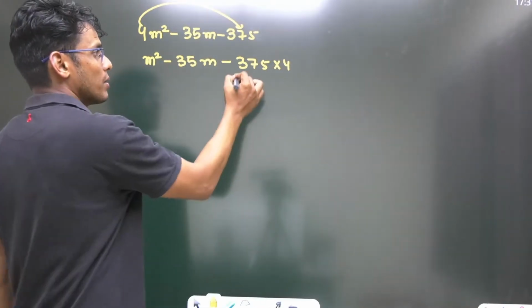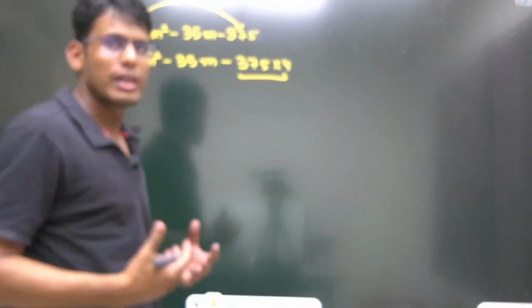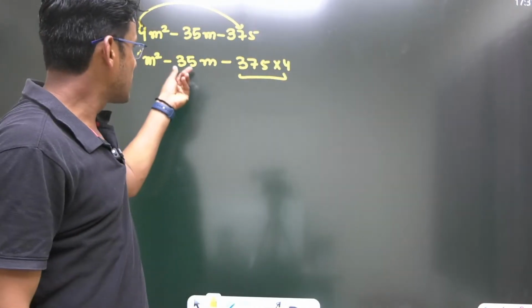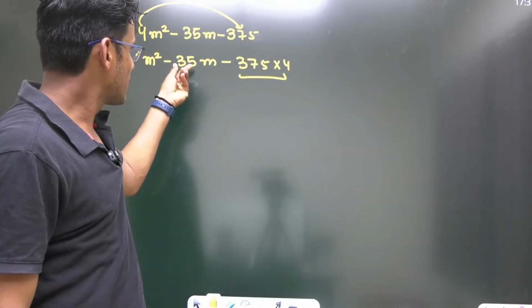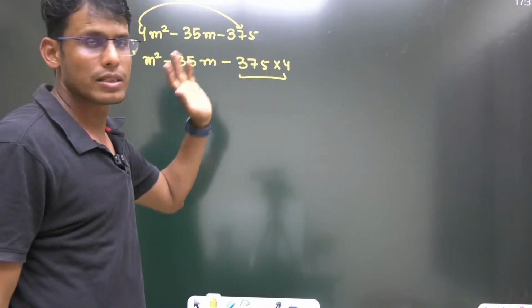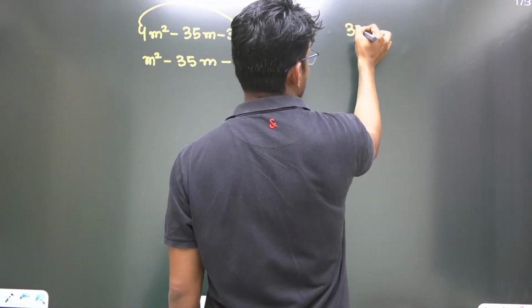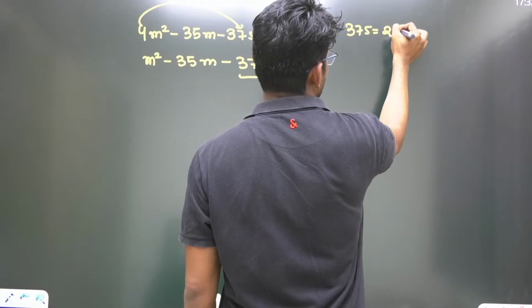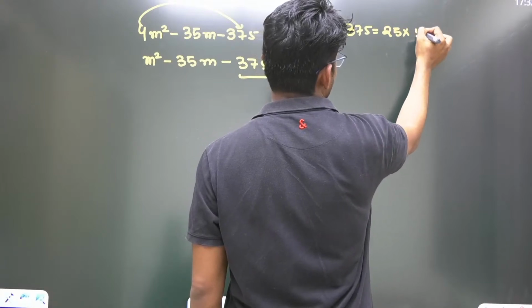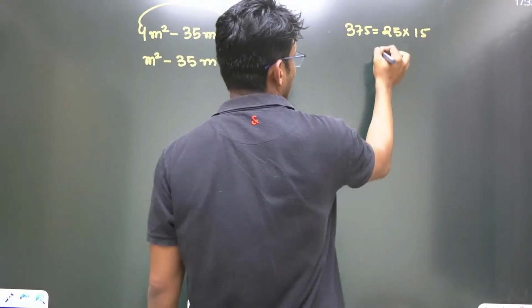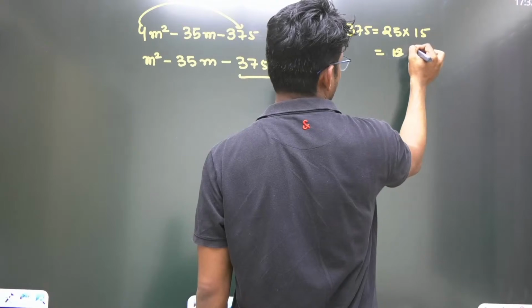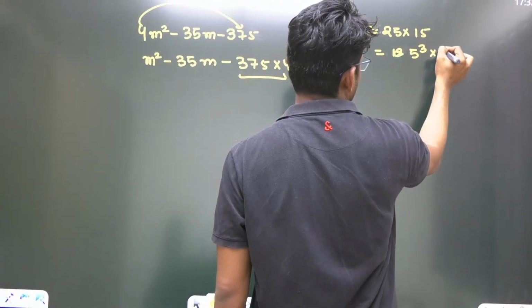Now see this number. Our deal was to split this in such a manner that the product becomes this. Let's factorize 375. It is 25 times 15, right? Or 125 times 3. So 5 to the power 3 into 3 to the power 1.